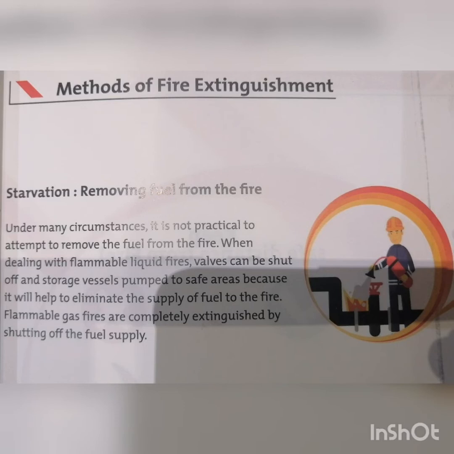Then we're talking about the fourth step, which is inhibition of the chemical reaction, that is, using flame inhibitors. Flame inhibitors are substances that chemically react with a burning material or extinguisher.